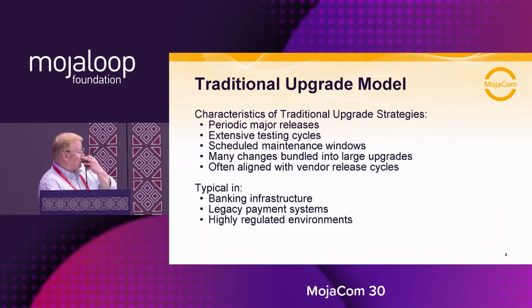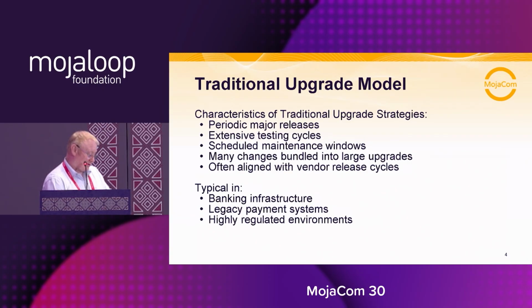Okay, so a bit more detail on more traditional upgrades. These, like I say, happen less frequently. They include a large number of changes, but they typically enable a very thorough, long, drawn-out testing cycle. Historically, most of that testing would have been done manually by humans pressing buttons in the interfaces, running through test scripts to ensure that the system behaves as expected before the upgrade is signed off and then released into production.